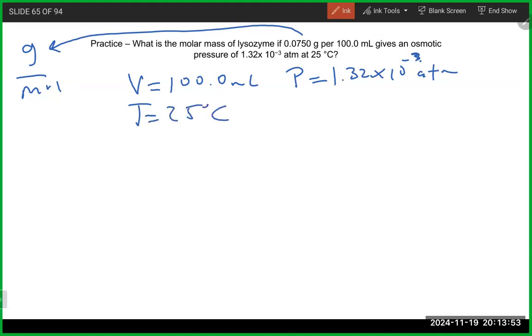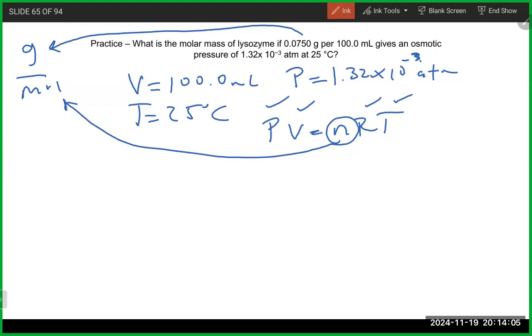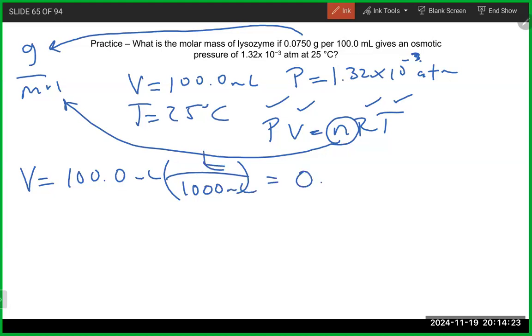Since it's osmotic pressure, we can use our ideal gas law. We have temperature, volume, pressure, and we always have R. So again we can use the ideal gas law to get the moles part of it. We just need to do a few conversions. Our volume, we divide by 1,000, which gets us to 0.1 liters.